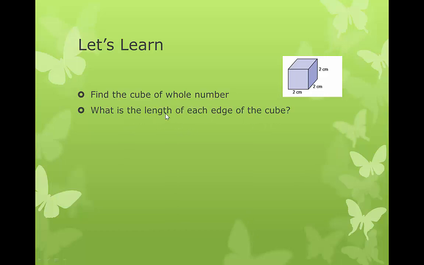We have to look to see what is the length of each edge of the cube. 2 times 2 times 2 equals 8 cubic meters. 2 times 2 times 2 is called the cube of 2.